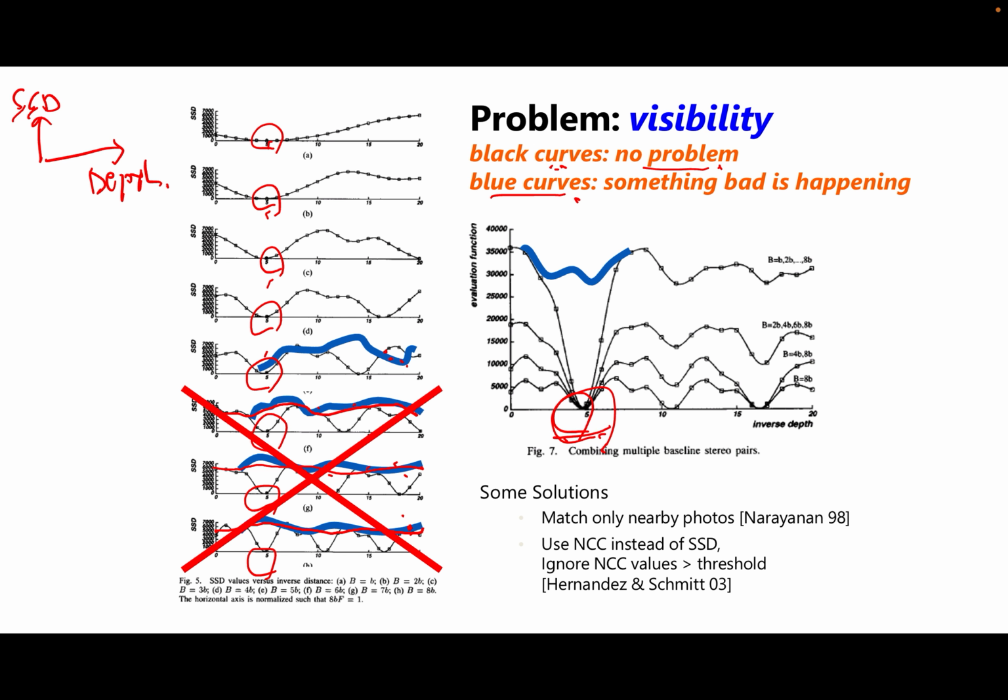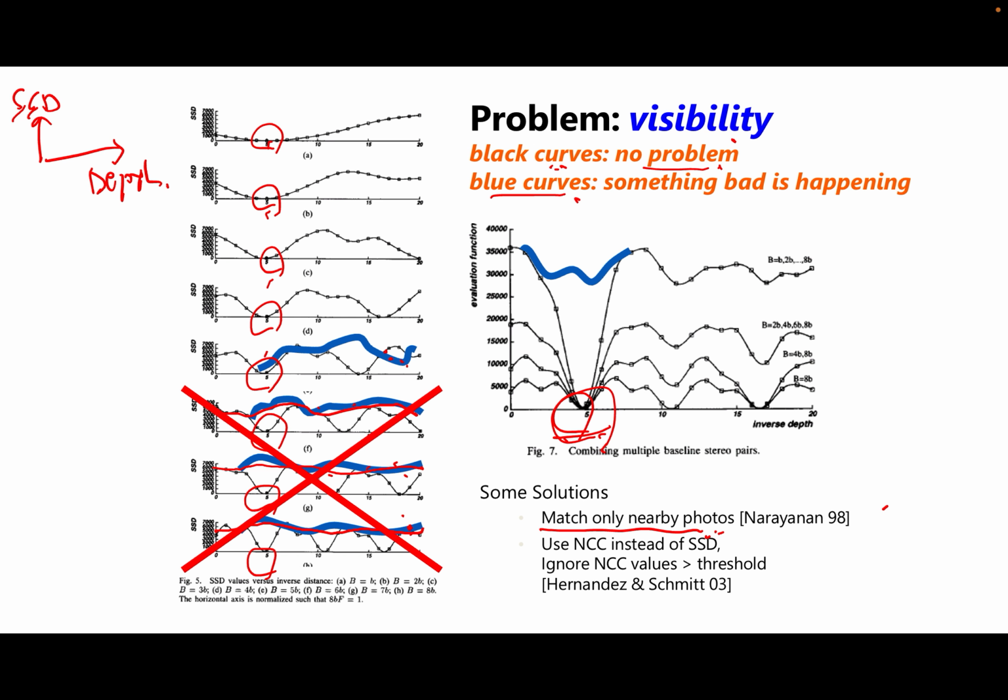So we need to consider visibility of many points. And the solution to consider visibility is, as I said, match only nearby photos. It's very simple but effective. Do not use cameras with very different rotation or very different translation. Just use nearby images. The assumption of MVS is that we already know the camera parameters, so we can compute the rotation and position of cameras, and based on that we can pick only nearby images.